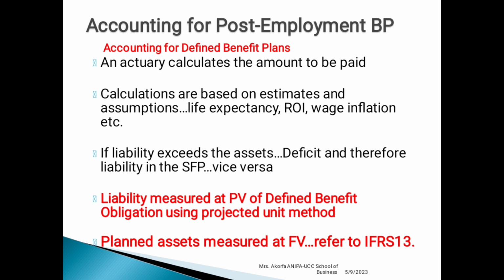So if assets exceed the liability, it becomes a surplus and therefore an asset in the statement of financial position. Liabilities are measured at present value of defined benefit obligation using the projected unit method. Plan assets are measured at fair value, refer to IFRS, that is fair value measurement.